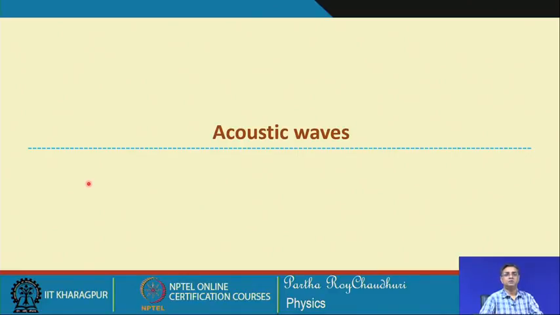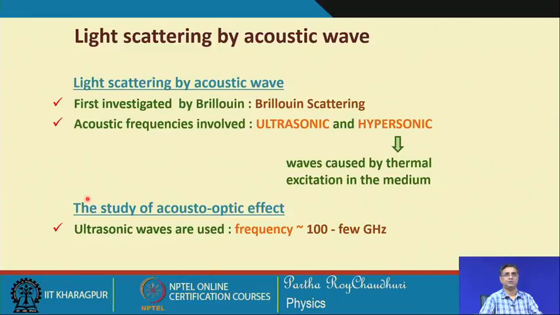And now, we will see the deformation that is created in a material medium when an acoustic wave is travelling through it. Light scattering by acoustic waves was first observed by Brillouin, and that is Brillouin scattering.